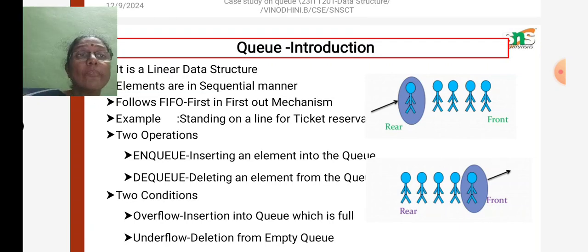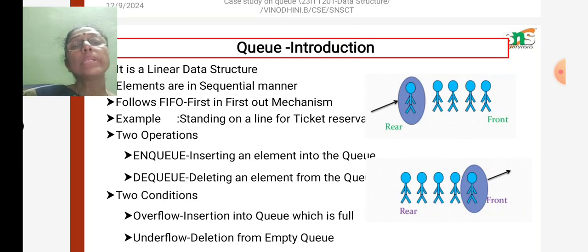That is, whether there is availability in the emergency department, availability of a doctor and of a bed. If yes, we admit that patient. The next condition is underflow. If there is no patient, we cannot discharge, so the discharge operation cannot be performed. So this is the introduction to the queue.